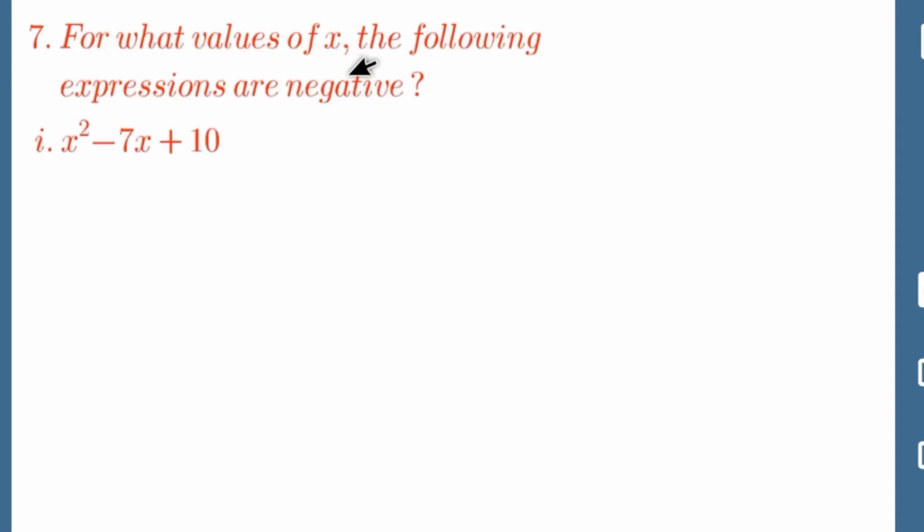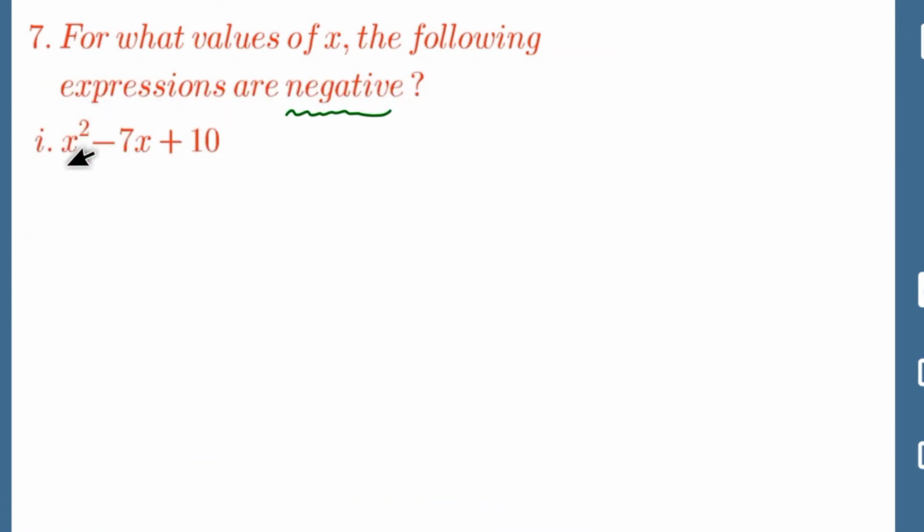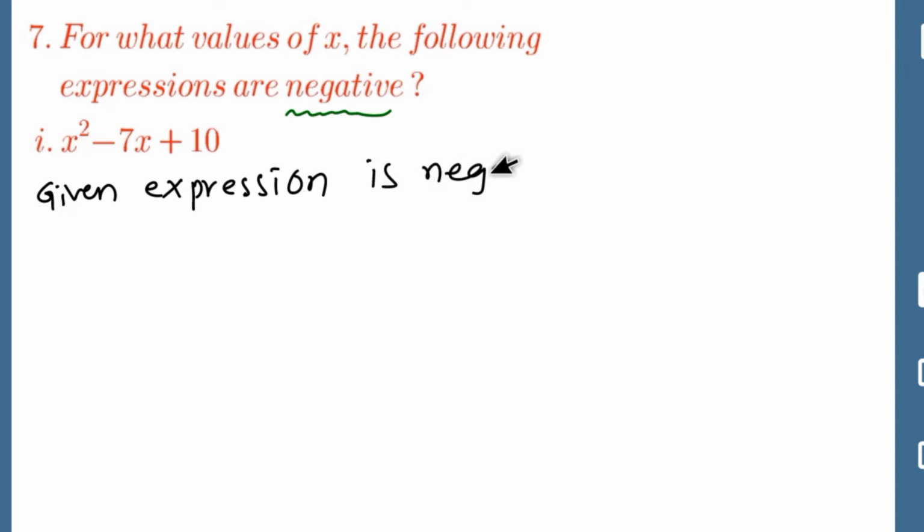For what values of x the following expression is negative? So find out the negative values only. Okay. So negative means right here, given expression is negative, that's why x square minus 7x plus 10 less than 0. Factorization.